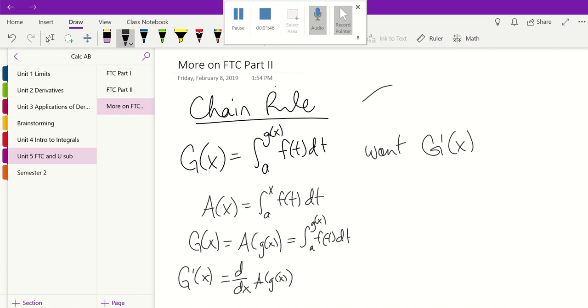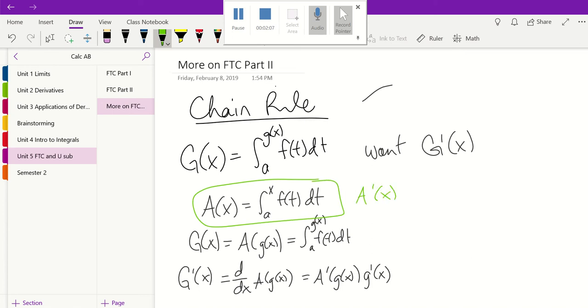And that really is just the chain rule. So the derivative of the outside, A prime of g of x, times the derivative of the inside, g prime of x. And let's go back up here for a second. Recall that if we have A of x equals that integral, then A prime of x is just f of x. So therefore, A prime of g of x is just f of g of x times g prime of x.